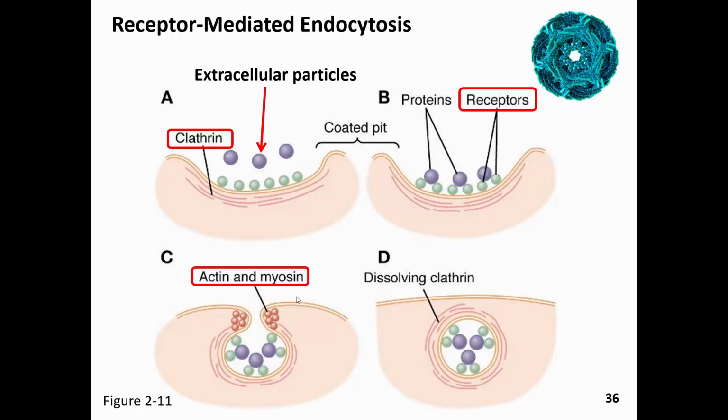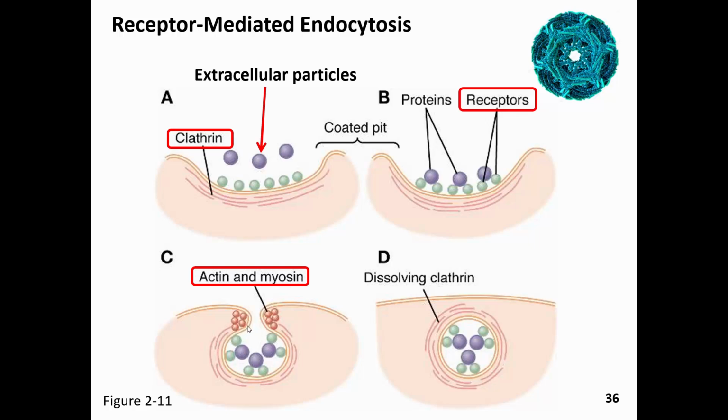Actin and myosin proteins, which are typically found in skeletal muscle cells and are involved in muscle force, are also located in many other cells. In this case, the interaction of actin and myosin will cause a deformation of the cell membrane and of the cell to form an encircling, if you will, of the extracellular particles that are to be absorbed.